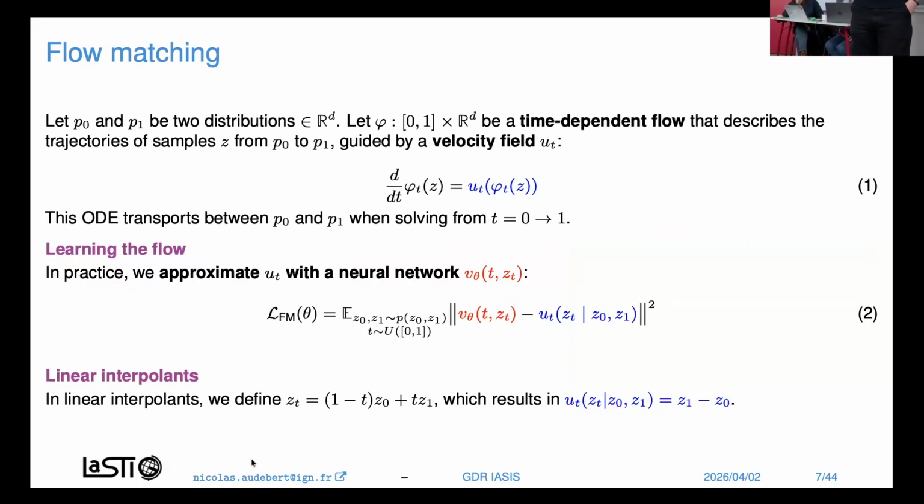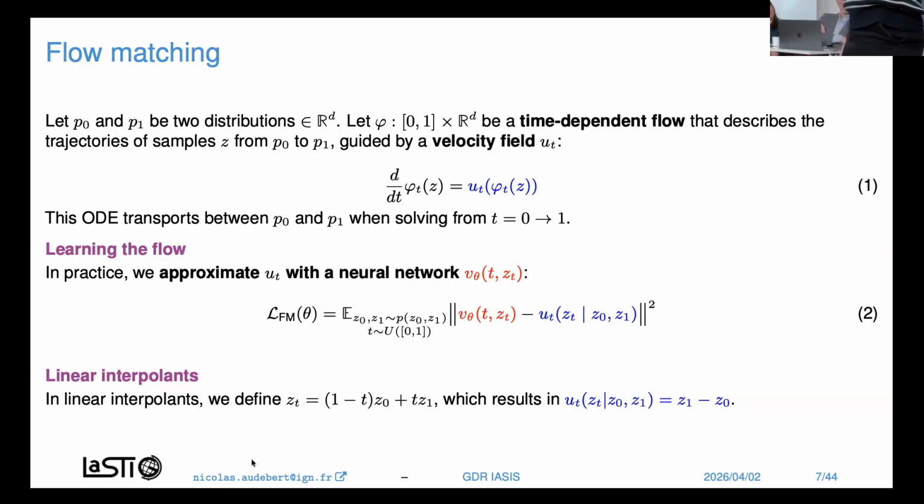So to train a model in this setup, what we do is that we say, okay, we don't know the velocity, but we are going to approximate it with a neural network. So we have to choose a definition, an analytical expression of the velocity. And in most cases, which is the linear interpolant framework, what we are saying is that, well, the interpolation is a simple linear interpolation. So the point at zt is simply the weighted interpolation between z0 and z1.